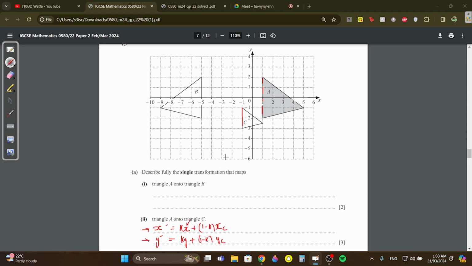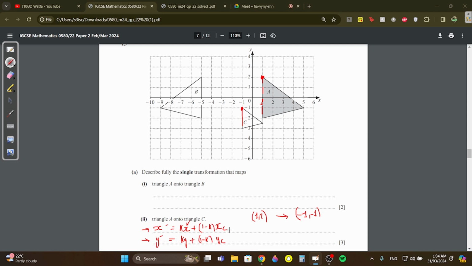Our old point, the pre-image, is 1 comma 2. My new image is negative 1, negative 1. So this 1 comma 2 went to negative 1, negative 1. My x prime and y prime are negative 1 and negative 1, and my old x and old y are 1 and 2.